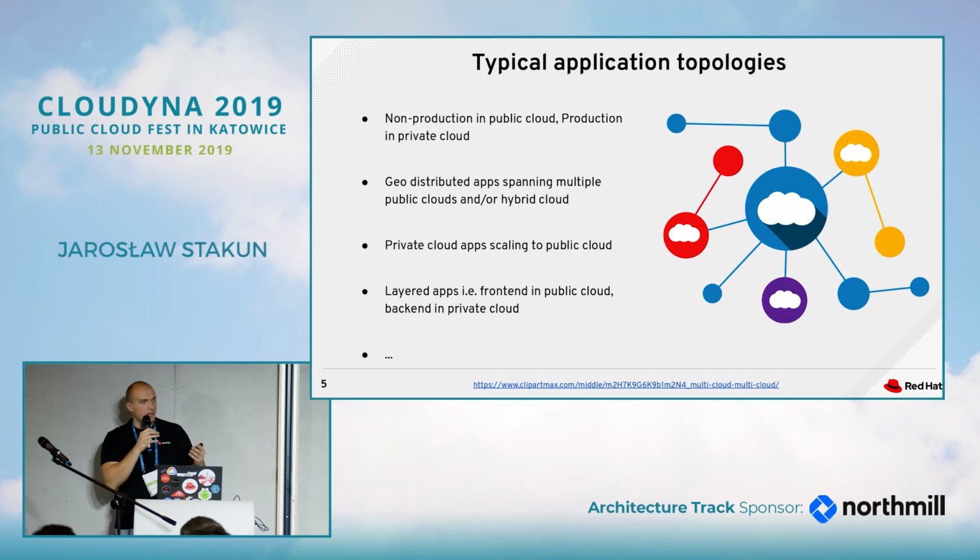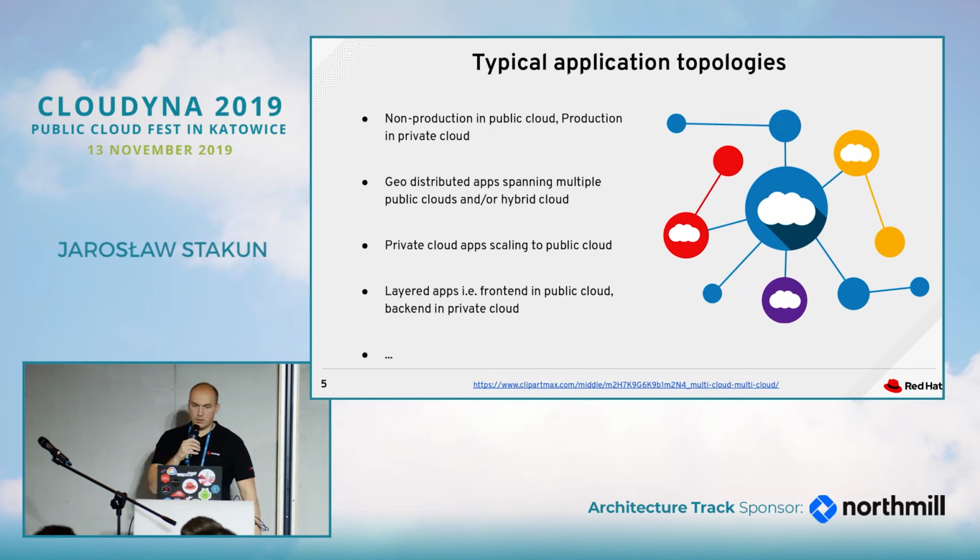So this is not really the kind of hybrid or multi-cloud approach I will be focusing on, but this is typically what customers are doing, and this is also quite a good way to learn and practice how to implement platforms that span multiple clouds. There are much more interesting use cases.